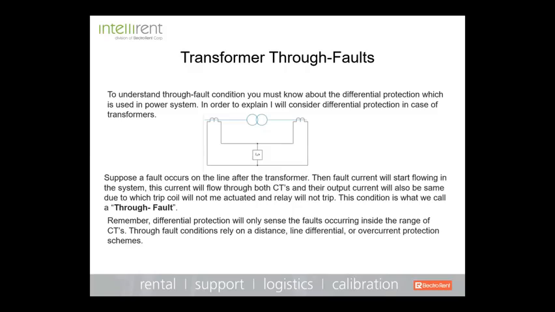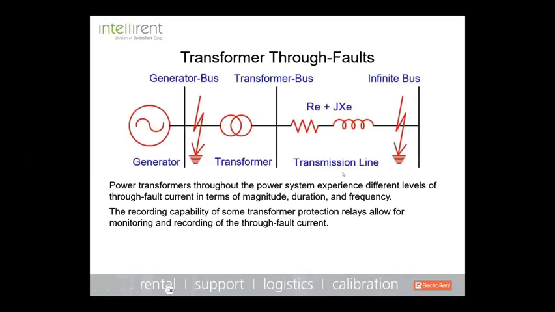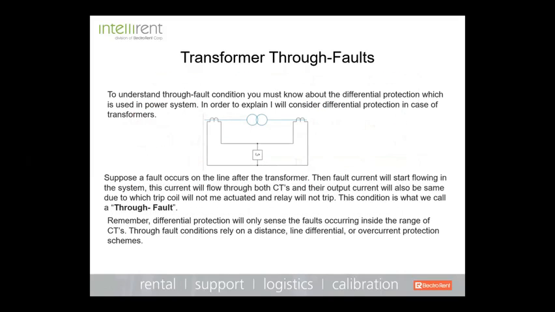And to really understand how through faults occur and what can happen, we have to look at how differential protection works. If you have a fault on either side of the transformer outside the protective zone of the CTs, that's considered a through fault.